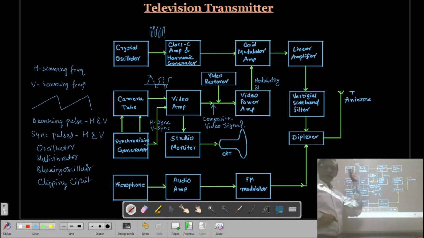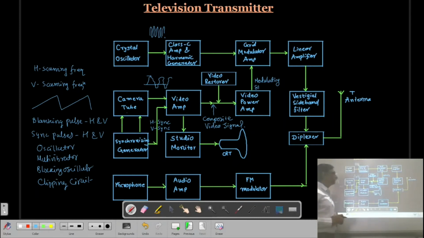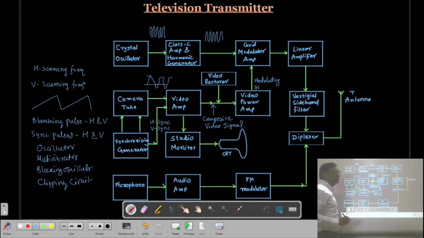Let us say it is 500 megahertz. But for the transmission, we require 100 megahertz or 200 megahertz. So harmonics of this we can utilize for the transmission. It is given to the harmonic generator, and whatever carrier frequency you want will be generated by the harmonic generator.